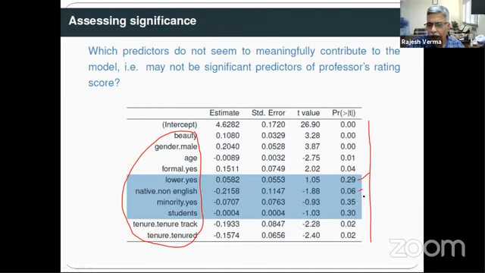That is, they do not meet the significance level requirement. 0.29 is not significant. 0.06 is more than 0.05, which is the significance level. This is again a high p value. So we should remove these variables from our analysis because they don't add anything to the estimate of the professor's rating.